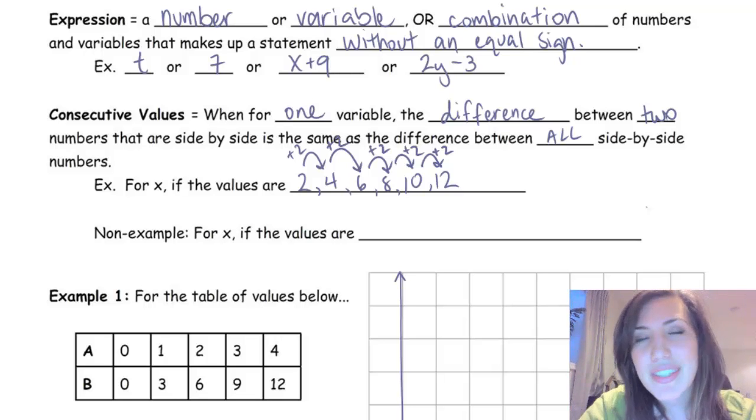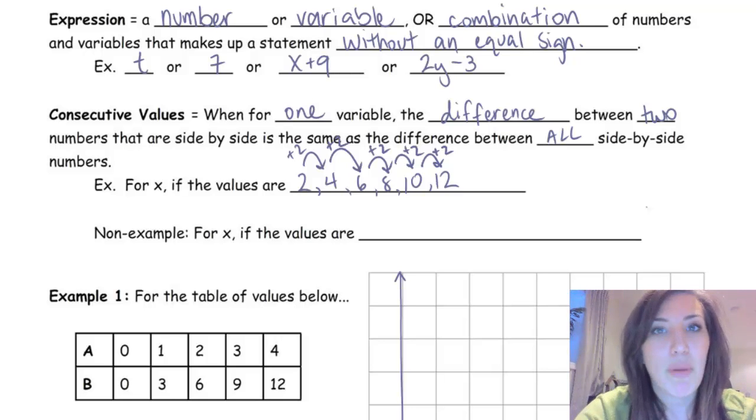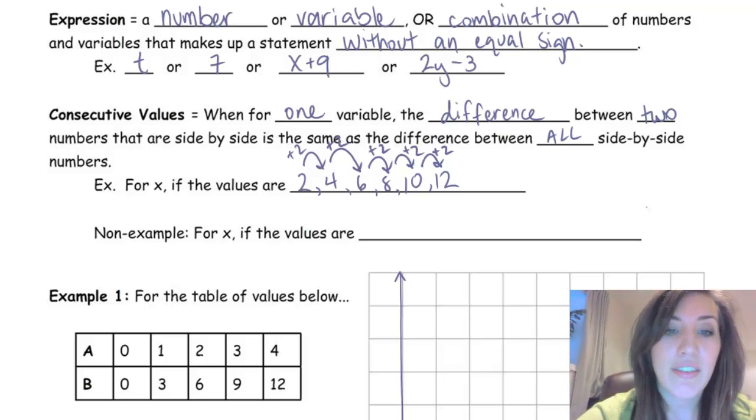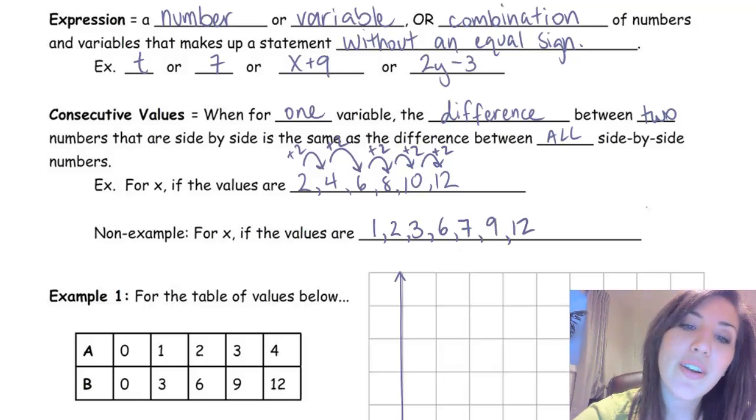An example where this is not the case. So a non-example, that means that this example I'm about to show you, they're not consecutive values. If for X the values are say 1, 2, 3, 6, 7, 9, 12, for example. So here 1 to 2 you add 1. 2 to 3 you add 1.